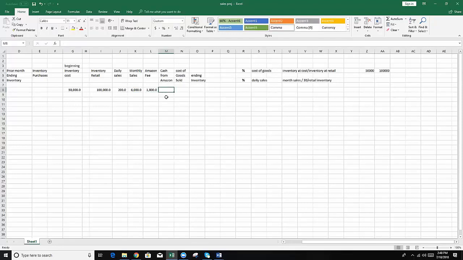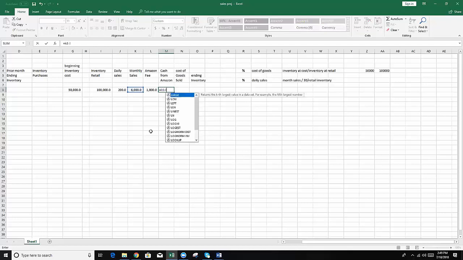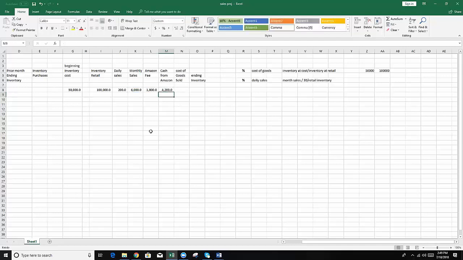The cash you would get from Amazon would be the 6,000, which is K8, minus L8, which means you would get that much money.